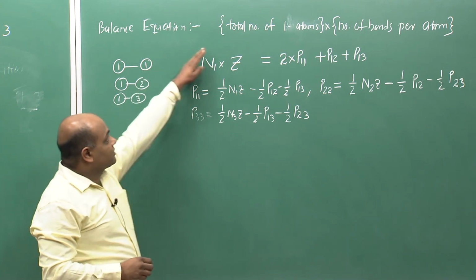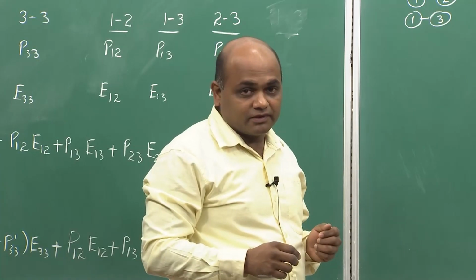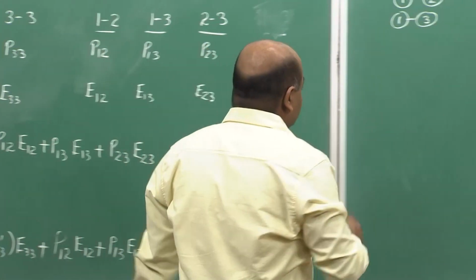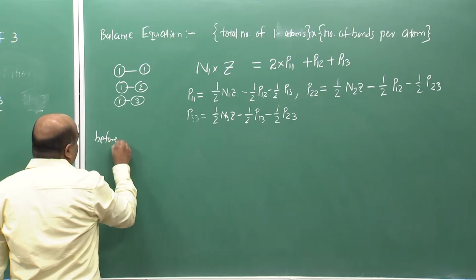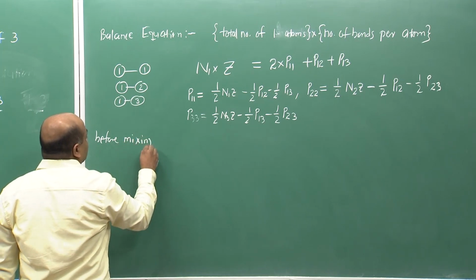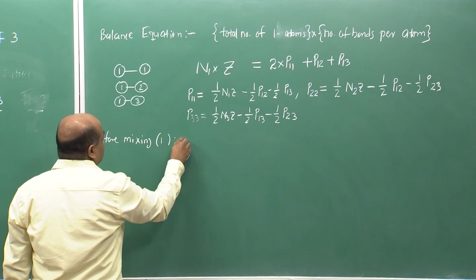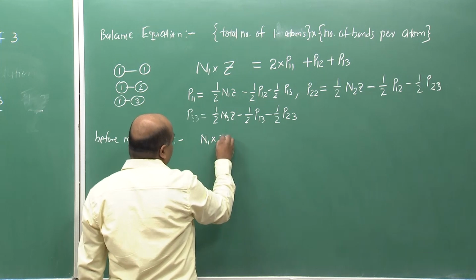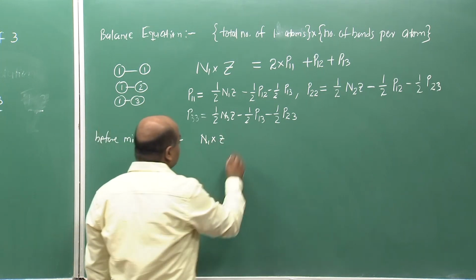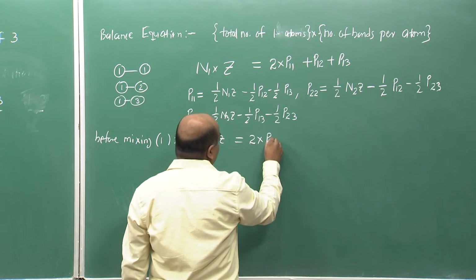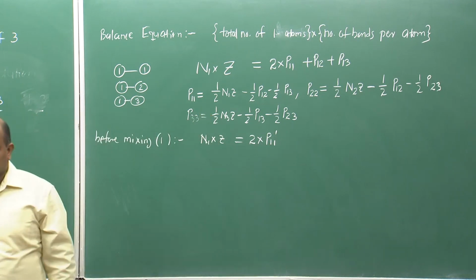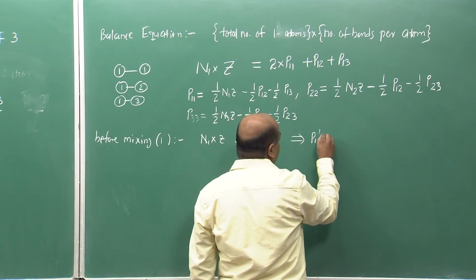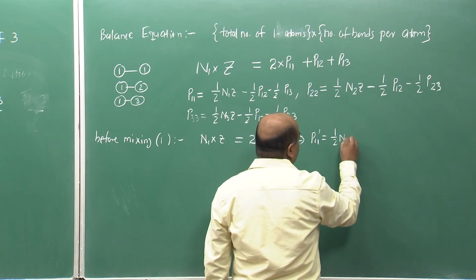Now, if we apply this equation before mixing, where we essentially have pure 1, pure 2 and pure 3, right. So, before mixing, if we consider element 1, this will remain the same, N1 times Z should be equal to 2 times P11 prime, because there are no dissimilar bonds, and so P11 prime is essentially 1/2 N1Z.